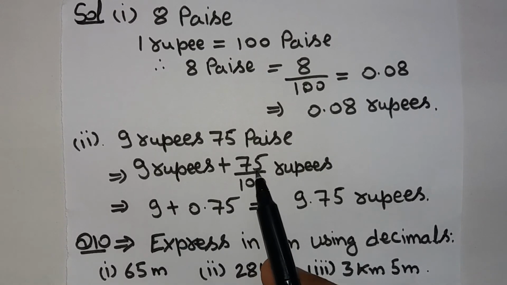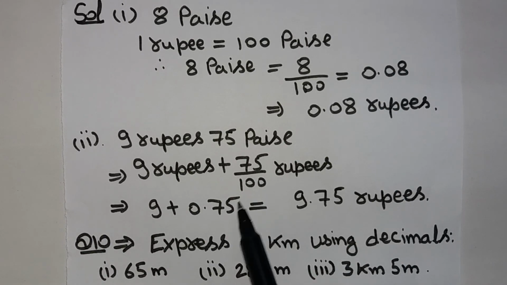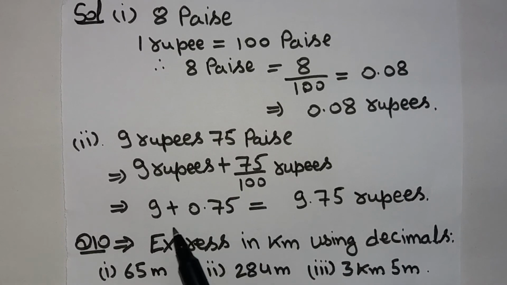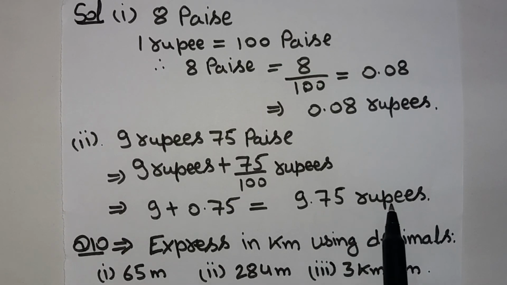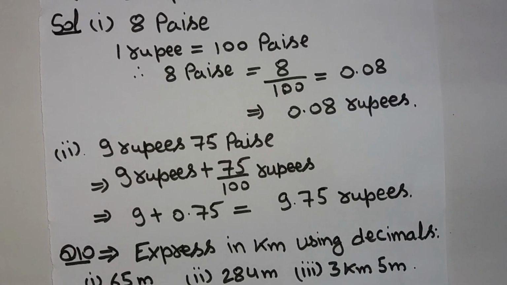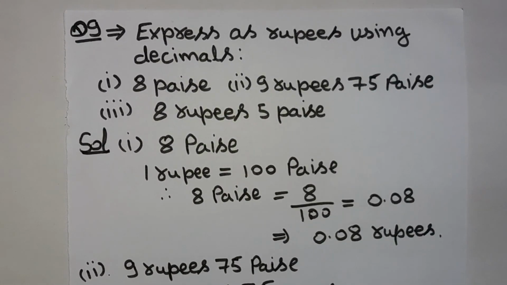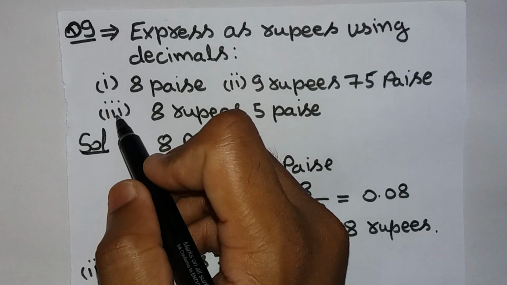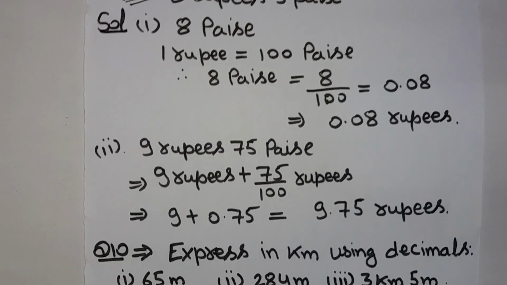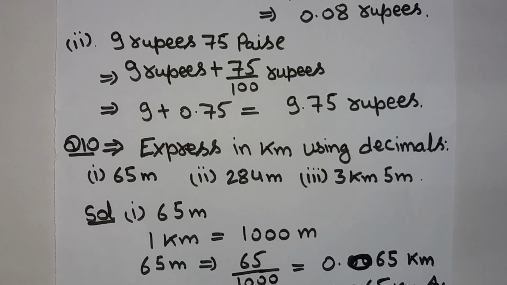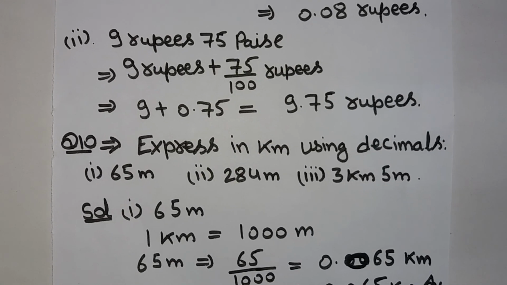So 9 plus, when we divide 75 by 100, it will be 0.75, and 9 plus 0.75 will be 9.75 rupees. In this way you can try the third part yourself, that is 8 rupees and 5 paise.